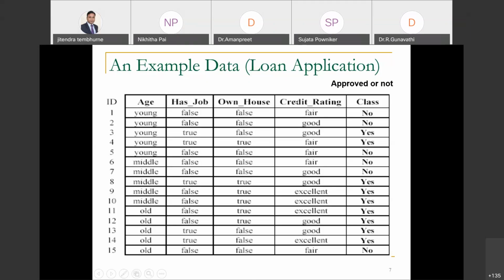Now this data is available with us, because without this data, I cannot design a classification model, and I cannot predict the class of the new data which will be supplied to the classification model. So the objective is, from this data, we need to check whether the loan application is approved or not.